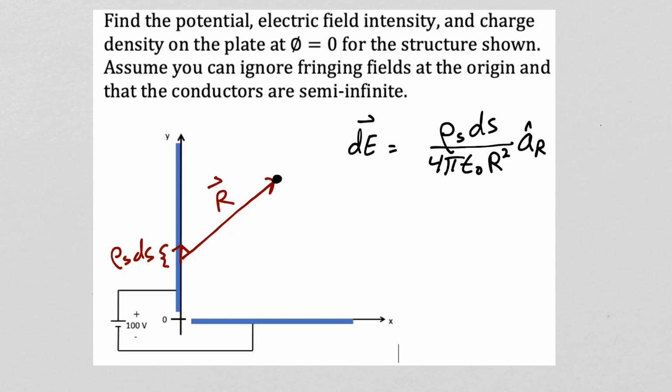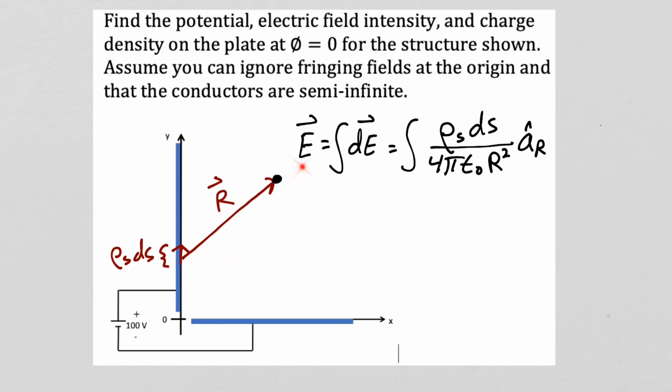So if we have some differential charge element, such as a rho sub s ds here from a surface charge, the contribution to the electric field intensity at some point is that charge, rho sub s ds, divided by 4 pi epsilon sub 0 times the distance squared from that differential charge to the point where we're trying to find the electric field intensity, times a unit vector pointing from the charge differential to that point.